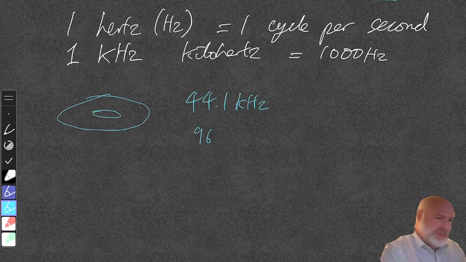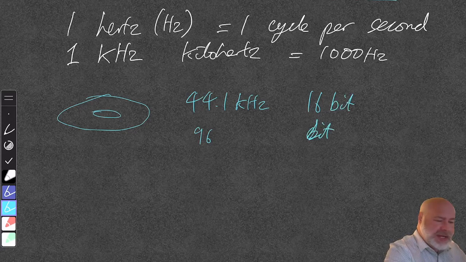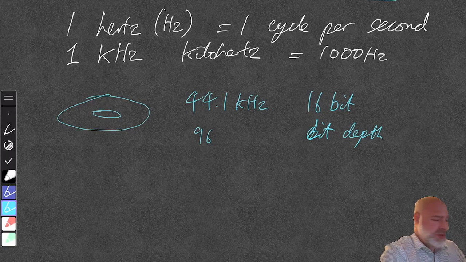Now, CDs were also at 16-bit, what we call bit depth. Okay, so my bit depth in my example was only 2 bits, which was pretty rubbish.